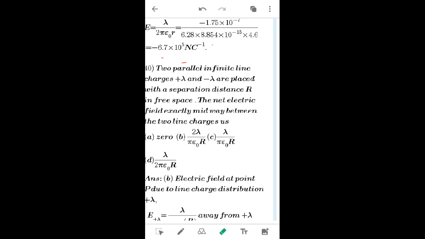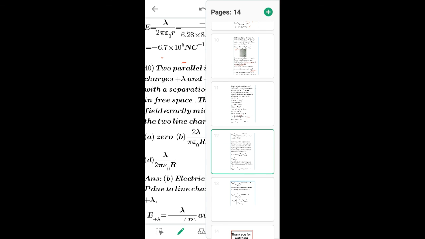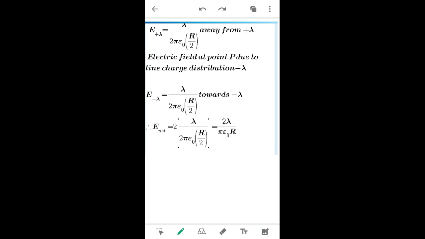So the electric field for the line charge distribution is lambda. We have solved this in the previous equation, so the same thing here also. So lambda by 2 pi epsilon naught, with r by 2 away from lambda, will be the electric field at the midpoint. So here we are taking the midpoint, which means it will be r by 2.